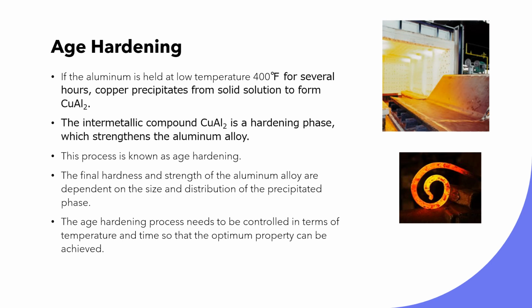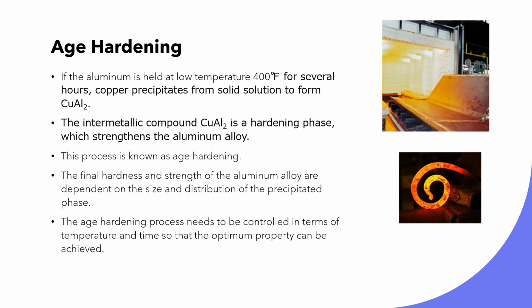CuAl2 is just a phase, and what it does is make the aluminum alloy stronger, therefore hardening. Age means taking some hours on heat. The final hardness and strength of the aluminum alloy are dependent on the size and distribution of that precipitated phase.